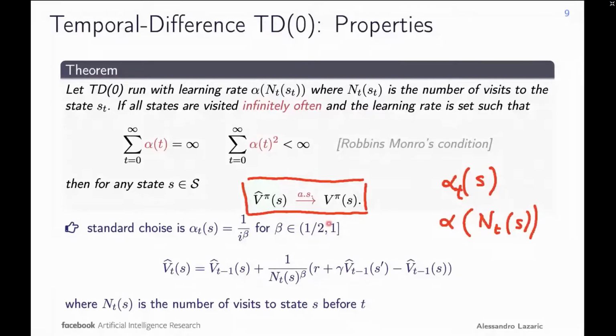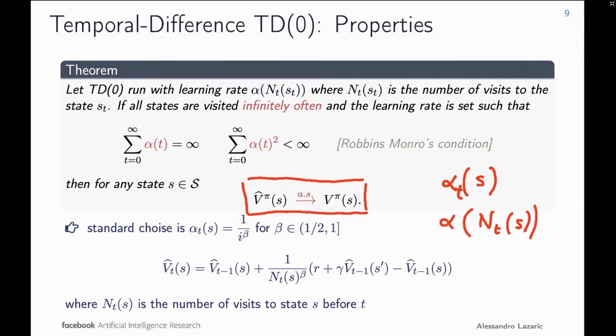What are common choices? Here you see an instance. Basically, we just take the current number of times I visit that state, and I put 1 over n t to the beta, where beta is a coefficient, let's say, between half and 1. Any choice in there would satisfy these inequalities, and so I would be fine.